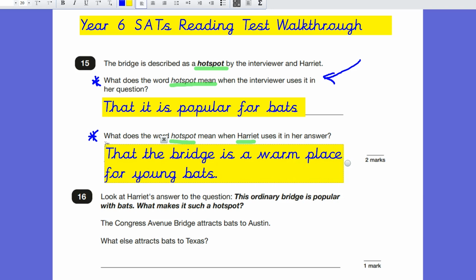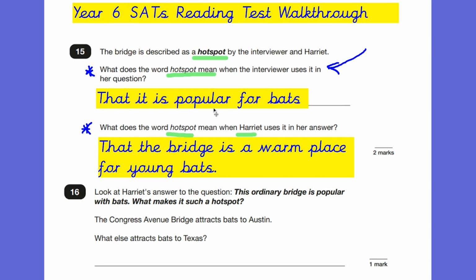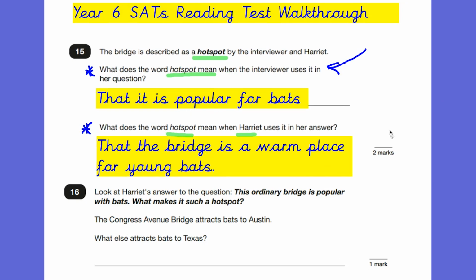Now, that's how you would need to answer these two questions. Okay, and this really confused a lot of children because they couldn't work out how this word would have two different meanings in two different contexts. But that's essentially it, okay? Hotspot as in popular, there's lots of people there, lots of bats there, and hotspot as in the place is actually literally a warm place.